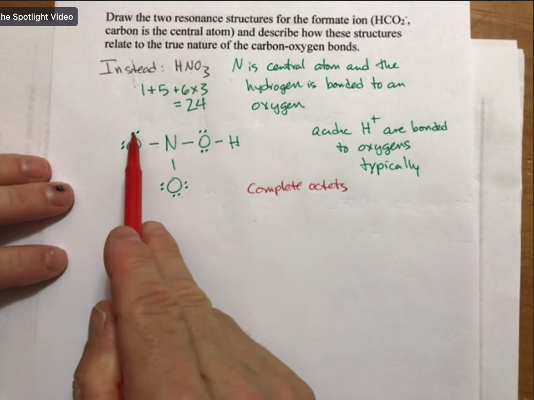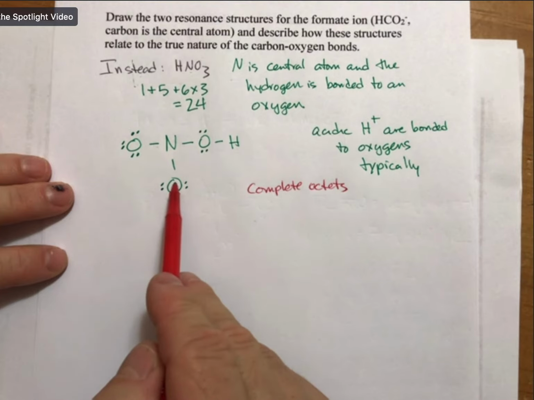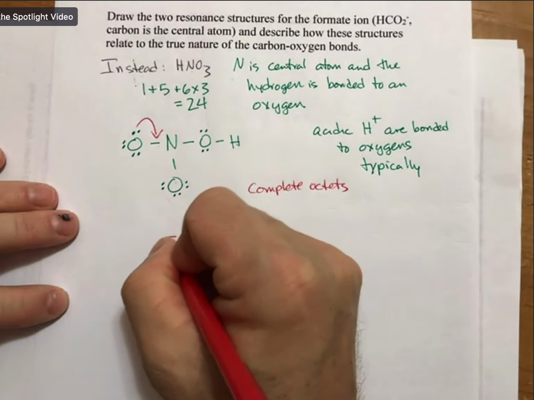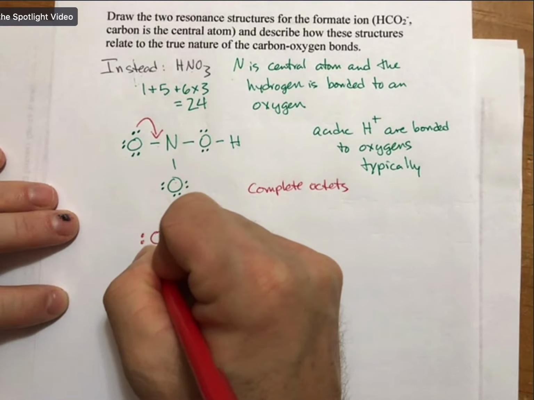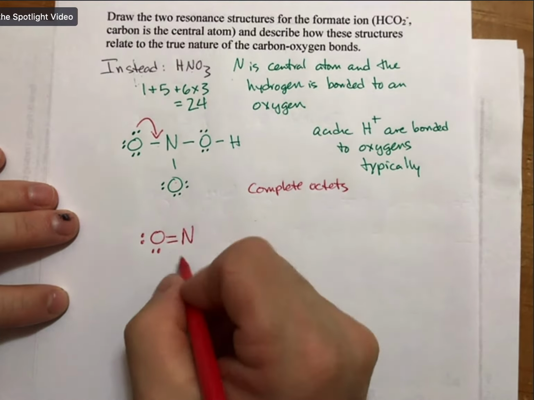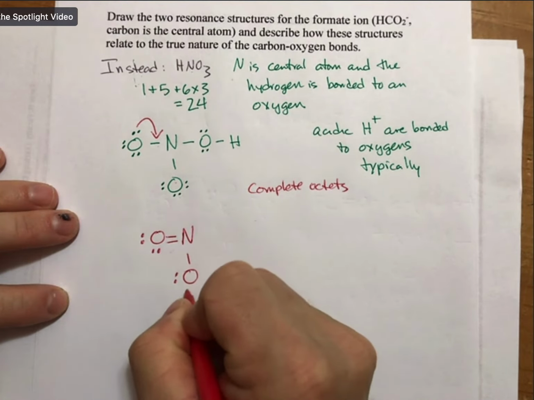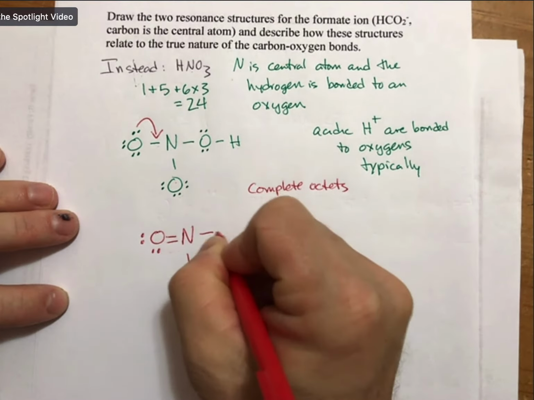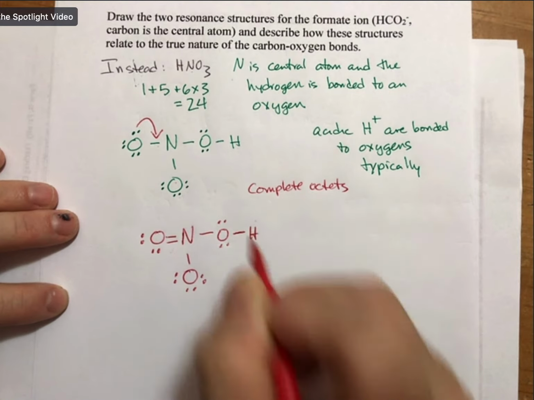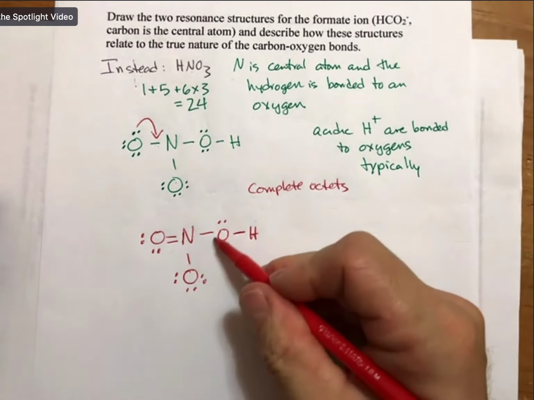We're going to take one of the pairs from one of these oxygens over here. Let's just take that one. So now there's a double bond between these two, and single bonds between the other 2 oxygens.